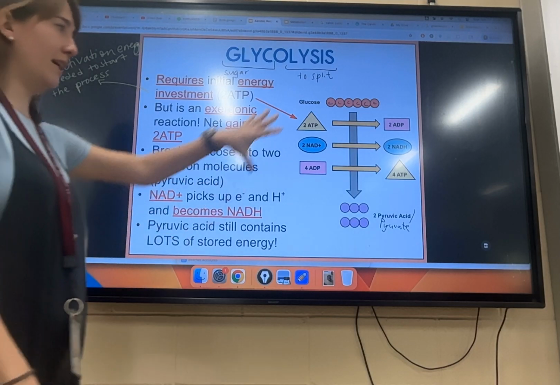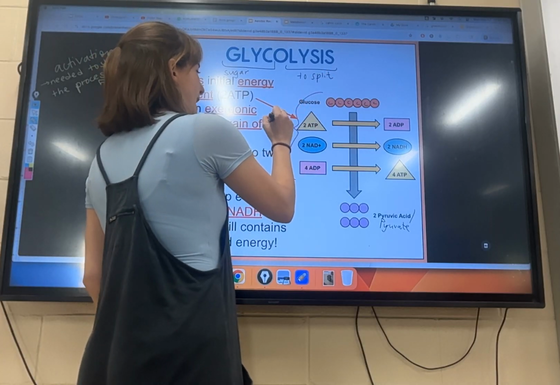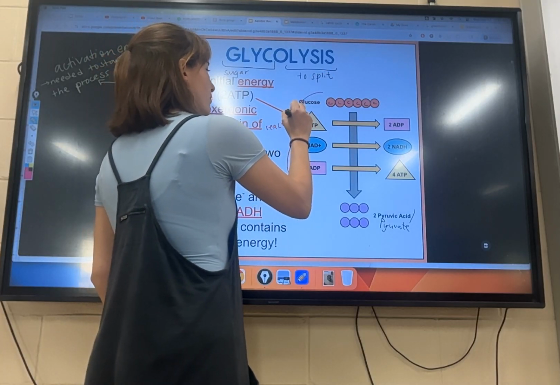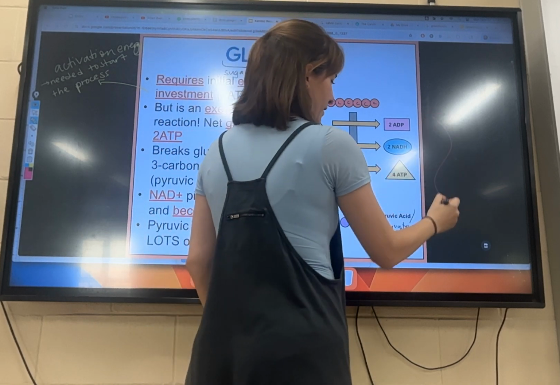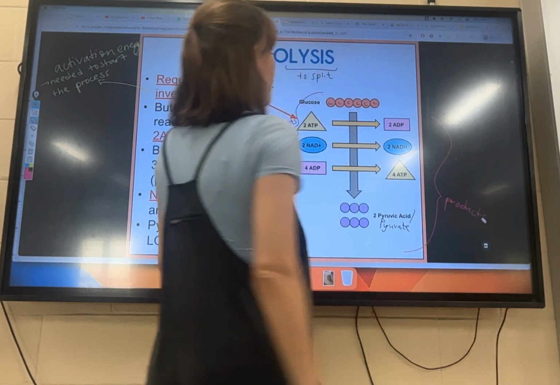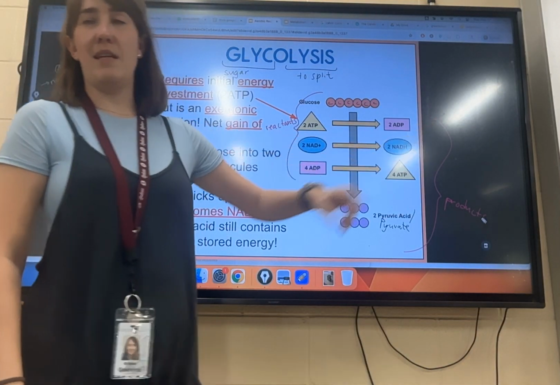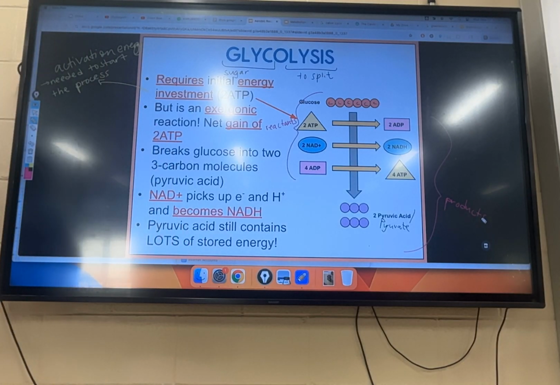When we're looking at this picture, these things are your reactants. And these things are your products. We need a little bit of ATP to start this process. We need an electron carrier to pick up the super energetic electrons that are released from our glucose when it gets split.